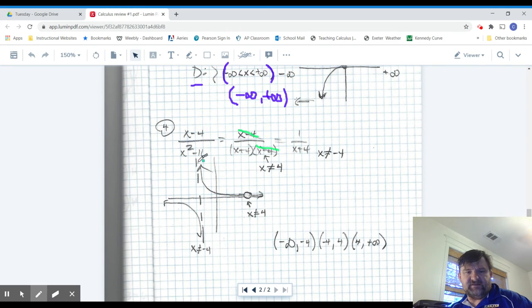Well, that tells us that there's our vertical asymptote here, which means that x cannot equal 4. But we cannot forget that this was in the original problem, and if we set this equal to 0, we get plus or minus 4. So if we set that equal to 0, x cannot equal plus or minus 4.